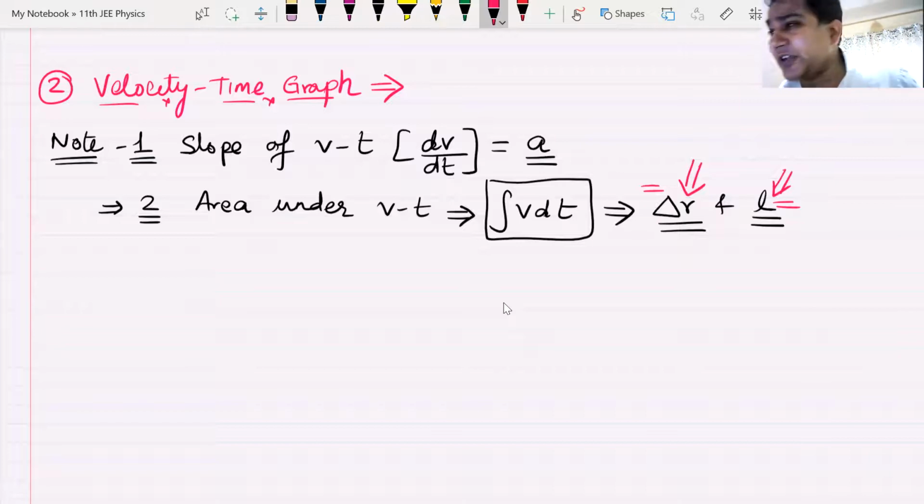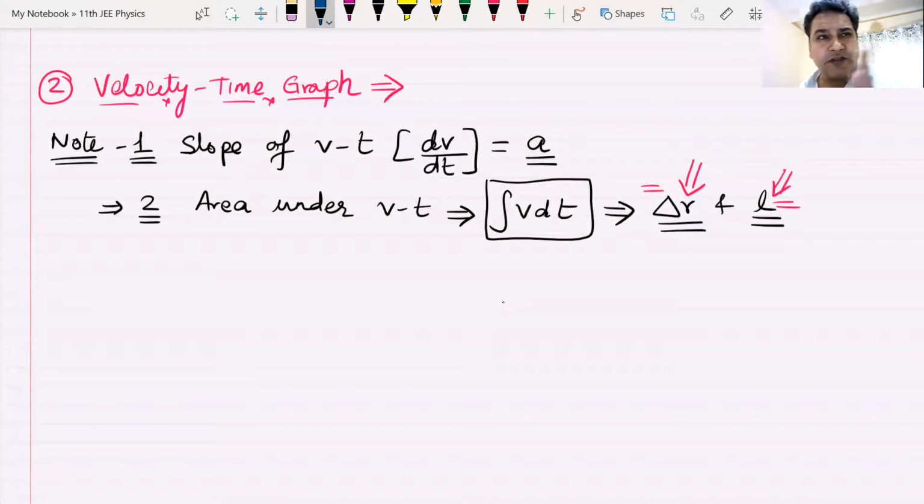But before going on to finding out these areas, let us first discuss the various types of graphs that will come to us and see how much we understand. So we just do the first type of graph.